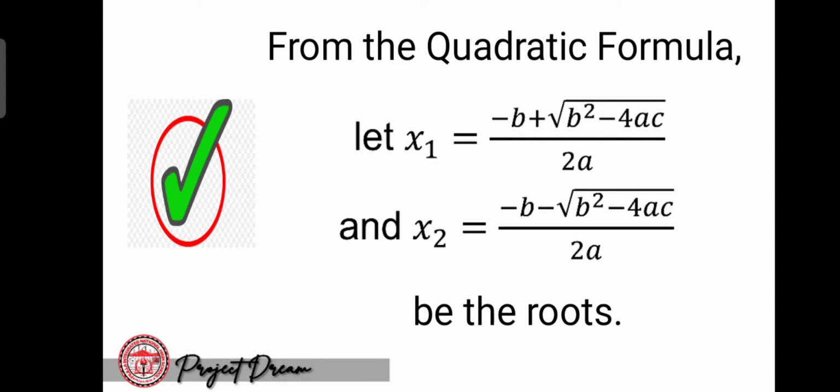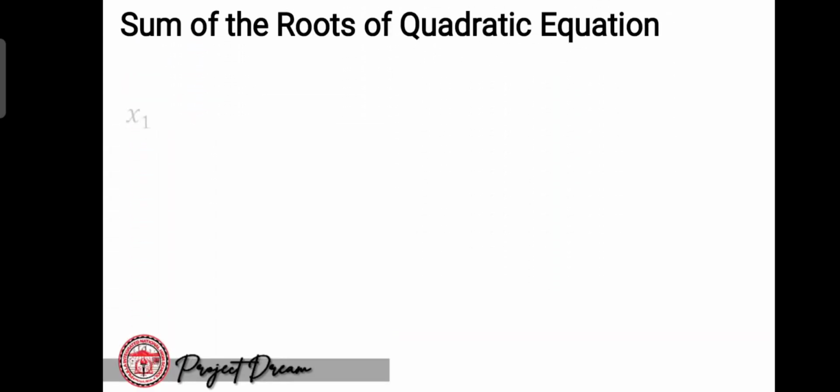So, let us first find the sum of these roots. We have x sub 1 plus x sub 2 is equal to, let us just substitute the values of x sub 1 and x sub 2.